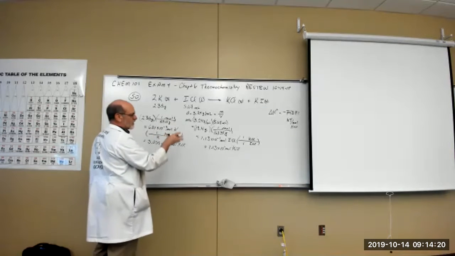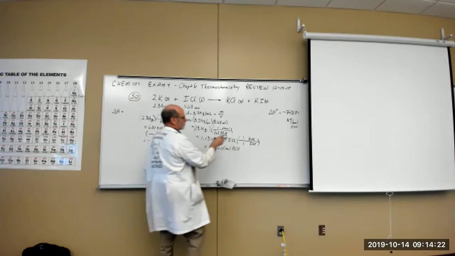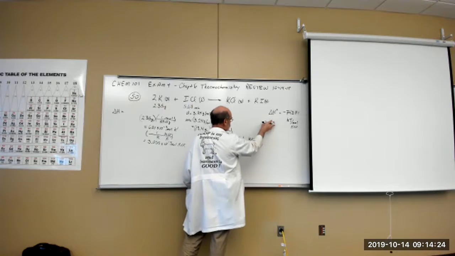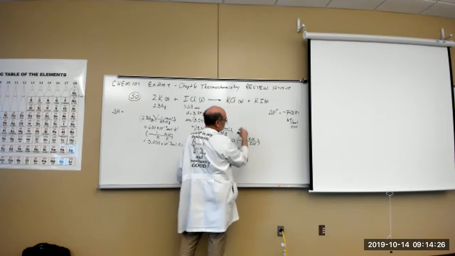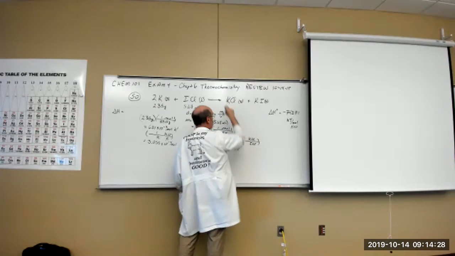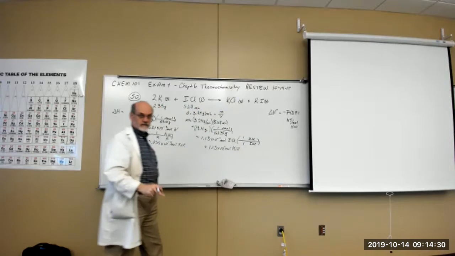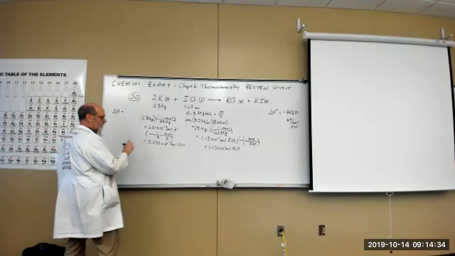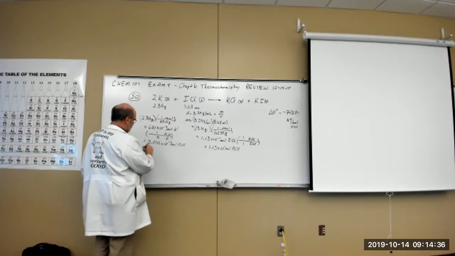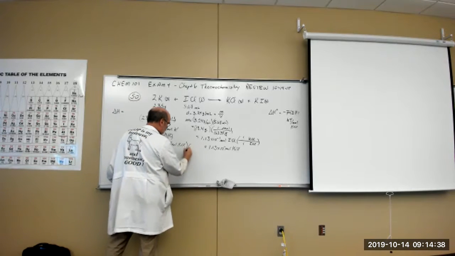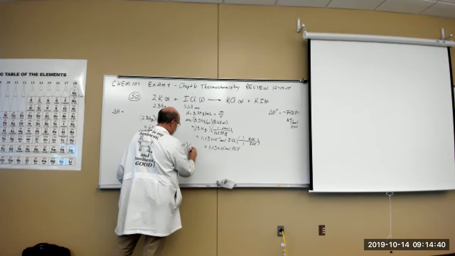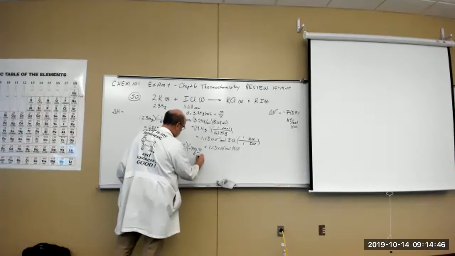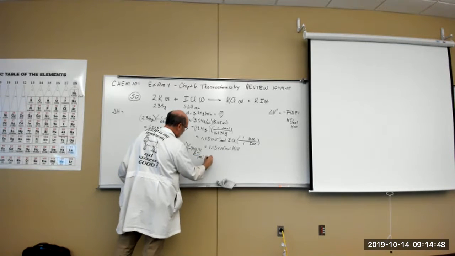We can use that in terms of KCl because that means kilojoules per equation, and this is kilojoules per mole of KCl produced. Okay? So that means now all we have to do is multiply this times that value. Kilojoules per mole of KCl.